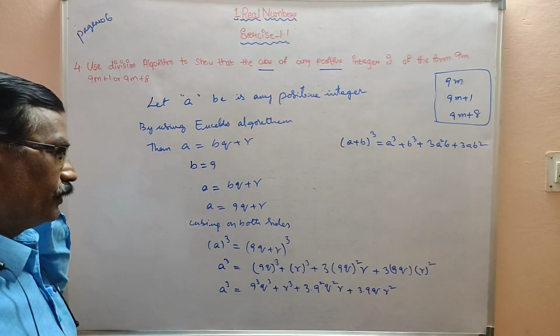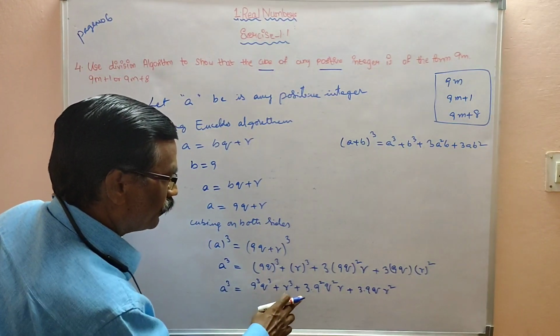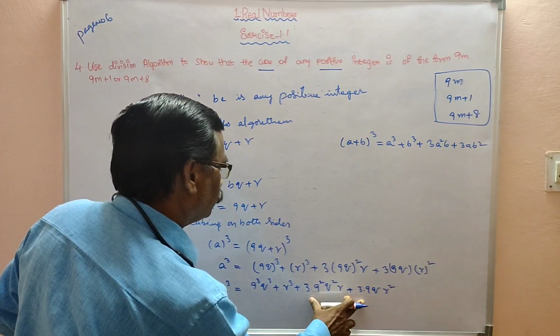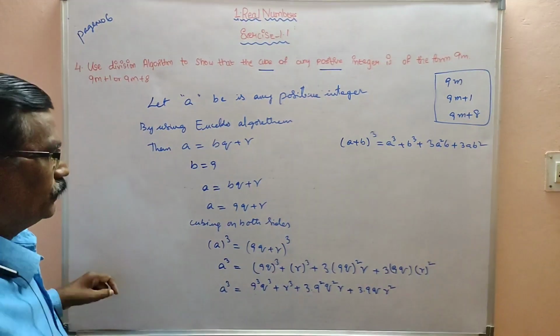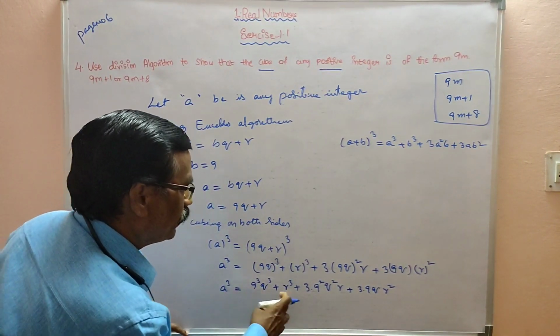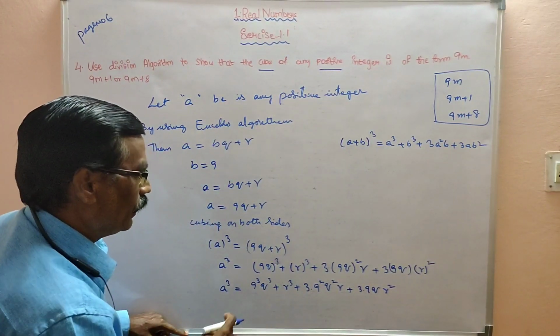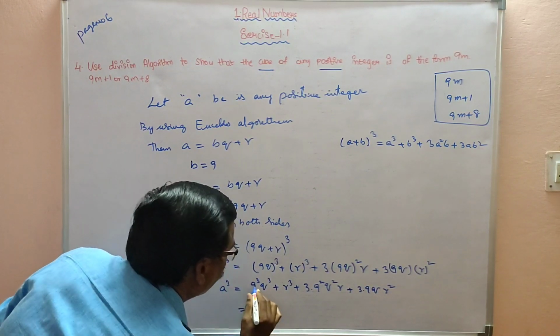Here 9 is there in the first term, and 9 is there in the second and third terms also. So first of all, I will take 9 common. If I take 9 common, what will come?